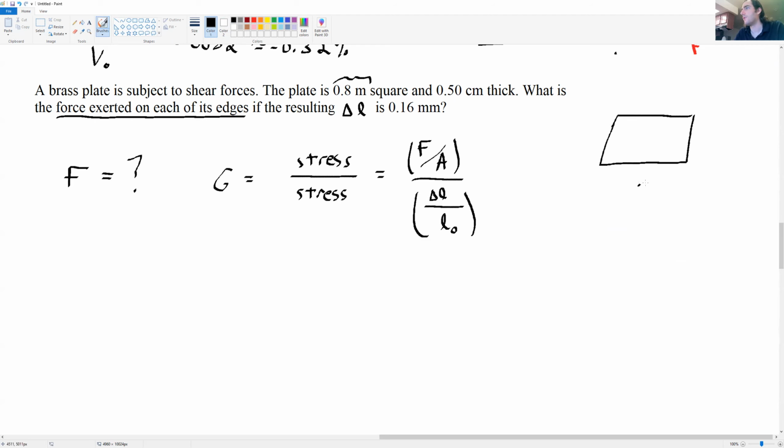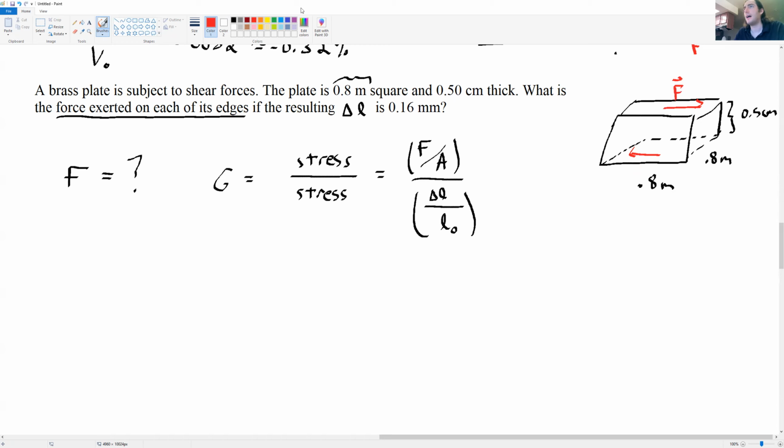Okay, this looks a lot more square. Not quite to scale, but this length here I said was 0.5 centimeters. That would ultimately be much smaller than these 0.8 meter square faces. And then we have our shear forces like this.